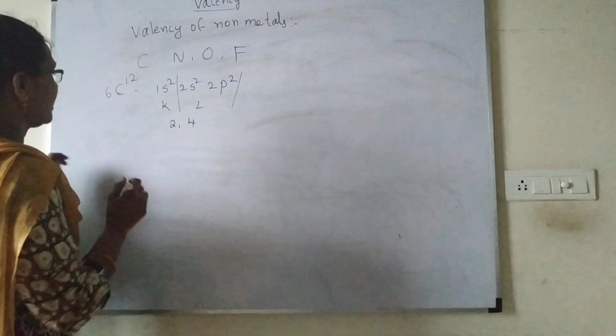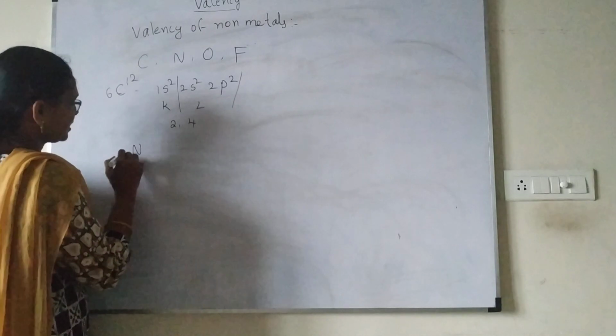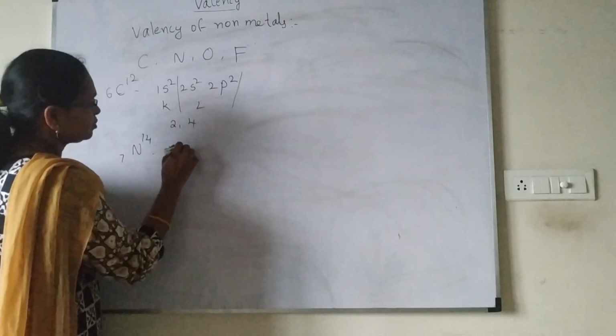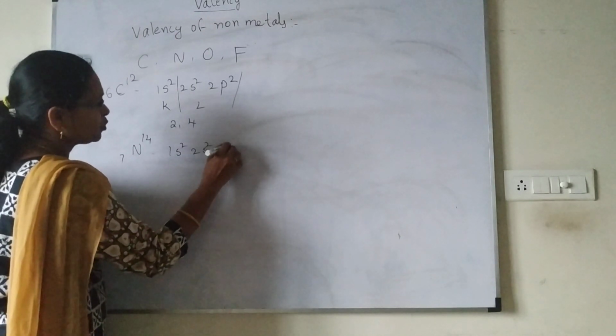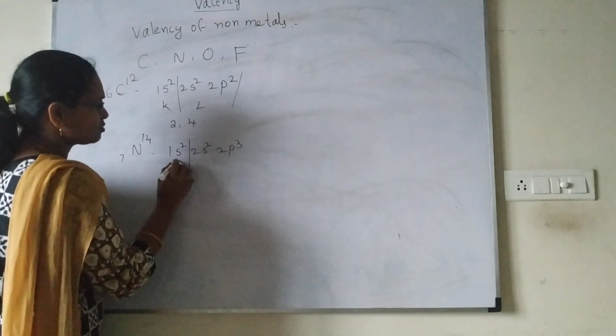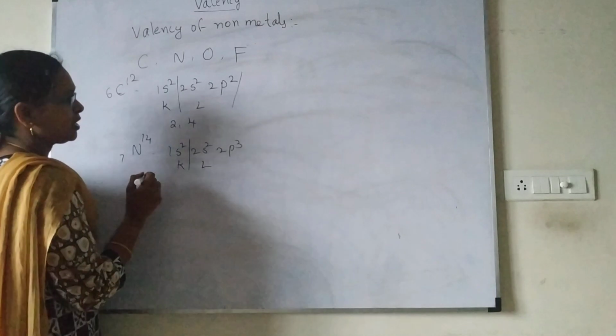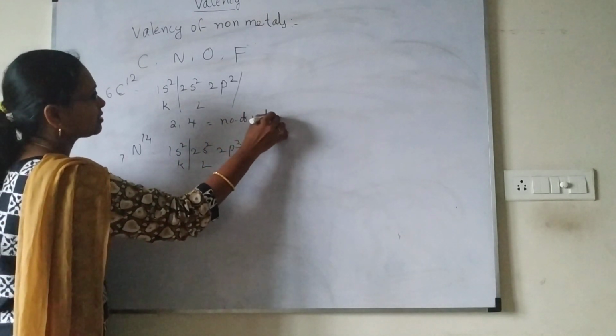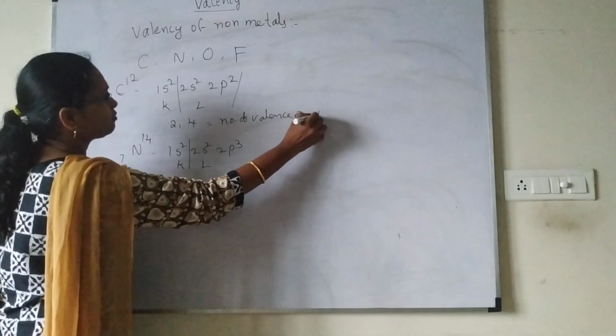Next, when you take nitrogen, we are saying here N7, 14. So 1s2, 2s2, 2p3. So number of valence electrons will be 5. Okay. So here number of valence electrons in carbon, valence electrons is equal to 4, right?